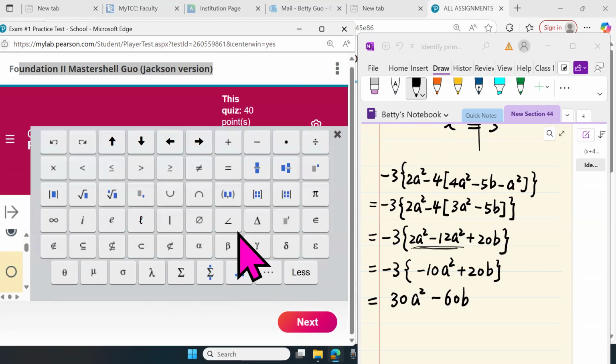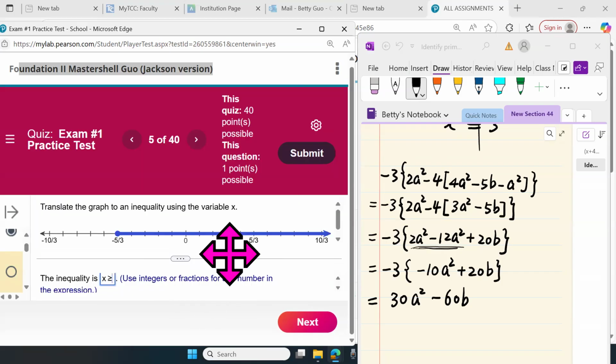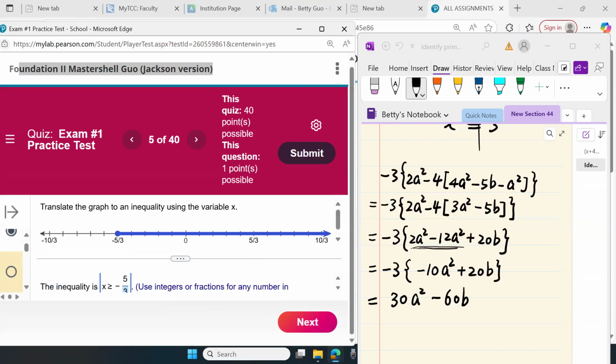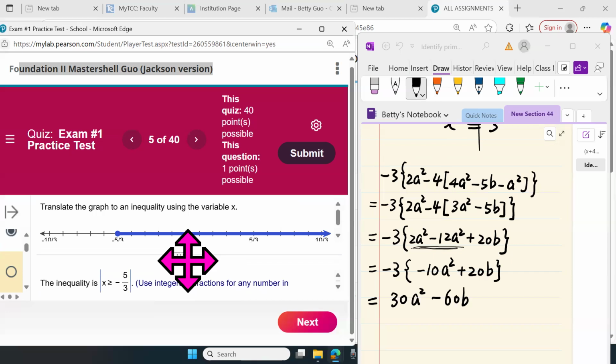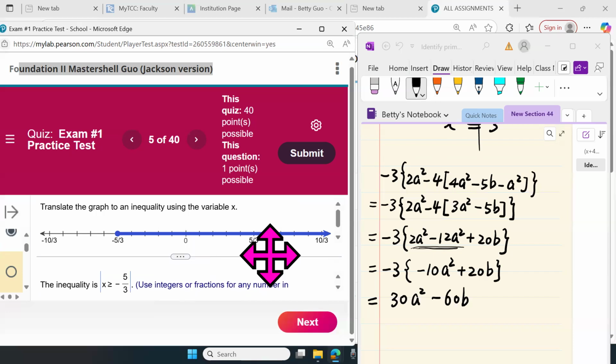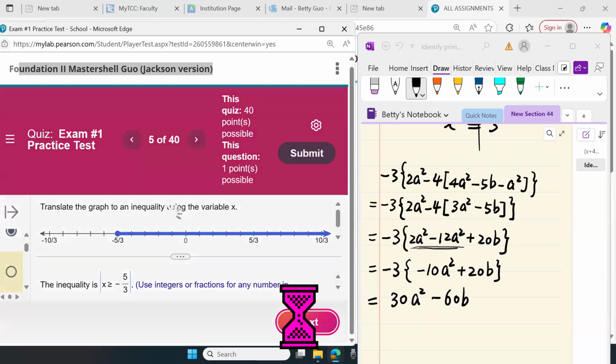Let's see how do we find that symbol. It's right here, right? Bigger than or equal to -5/3. And that's it. I hope you see it. To the right side of the number -5/3, so it's bigger than or equal to. Next.